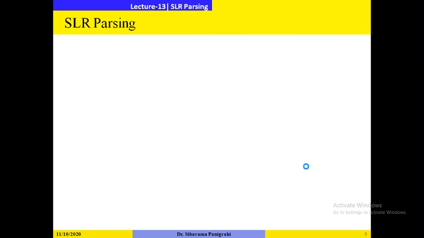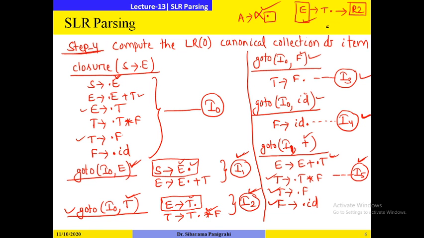So under the plus and dollar columns, in the I2 row, you have to write R2. All of you have understood? Why write R2? Because this production contains a dot at the end and this production's number is 2. That's why I have written R2.